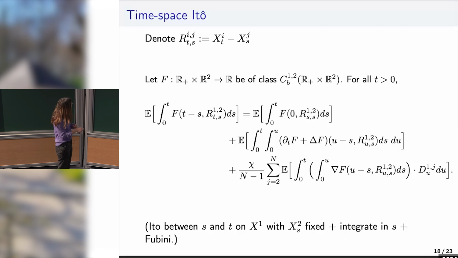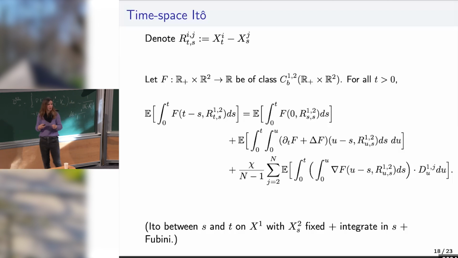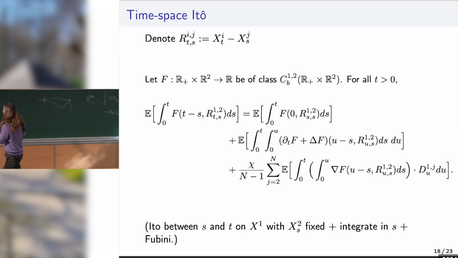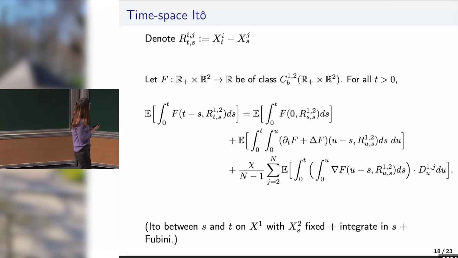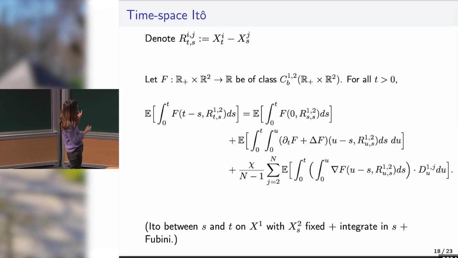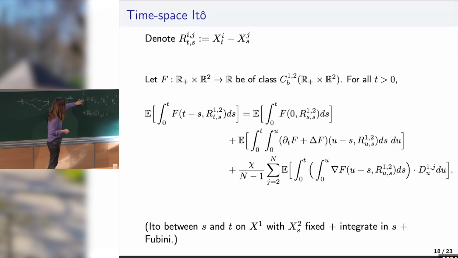This is the term that should give you your present time interaction. And for all the other terms, what you expect is that this one is nice and doesn't play any role, and that these terms are of the same order, and that they mimic your drift.